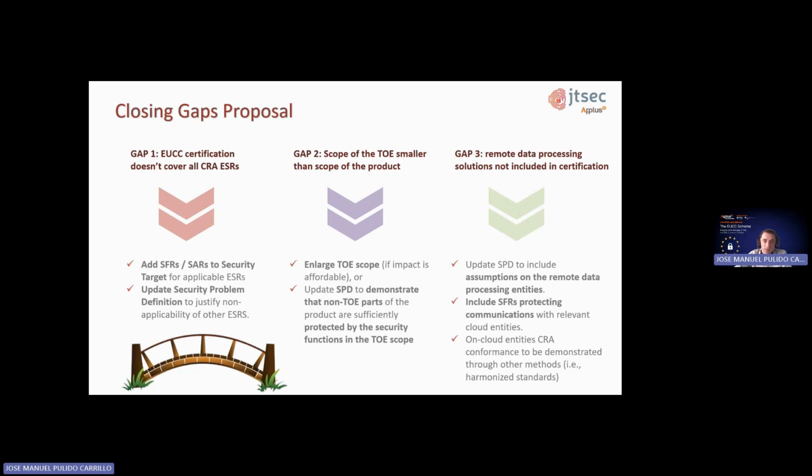And when there are remote data processing solutions, as mentioned before, we could use NLF or harmonized standards or other methods to assess the on-cloud part, but also the security targets should be updated to include, for example, requirements for securitization of the communication channel or assumptions on the overall security of the on-cloud parts.